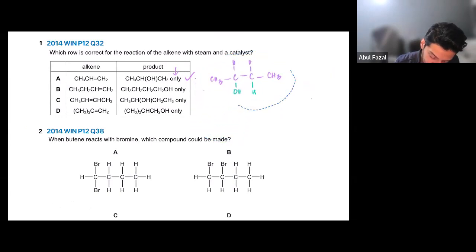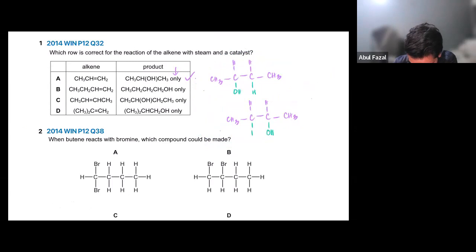Now what could happen is the OH and the H can be attached the other way, which is the OH can go over here. So the idea is, isn't this molecule and this molecule the exact same molecule?